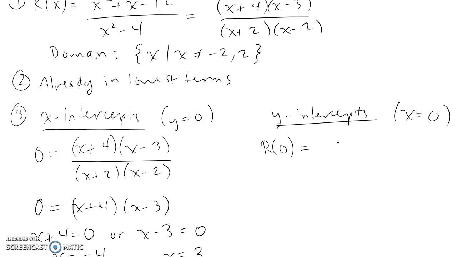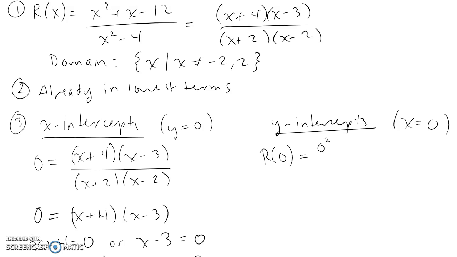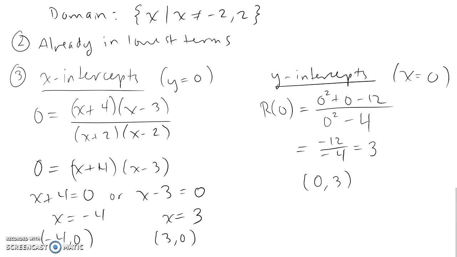Because what ends up happening is we put in a 0 for x, and because these are polynomials, all of the terms change to 0 except for the constant terms. So if we look at the ratio of our constant terms, negative 12 over negative 4, we get 3. So that means that our y-intercept is (0, 3).